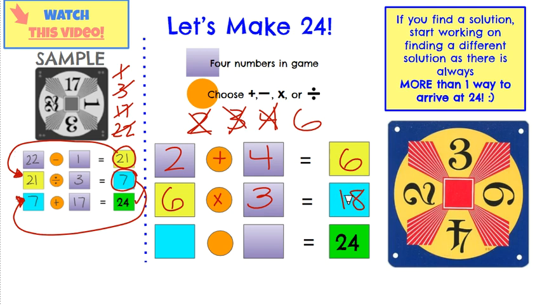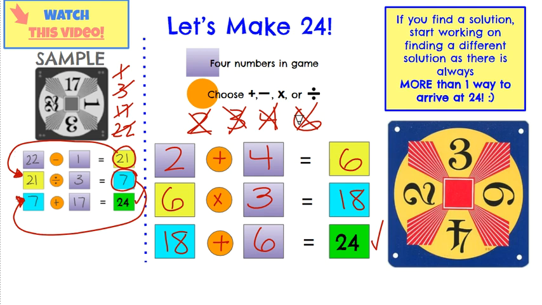I'm going to transfer this 18 to the next line here. And I have a 6 left. Can I make a 24 with an 18 and 6? I can if I add. So we take 18, add that 6, and there we are at 24. And we have used all 4 numbers.